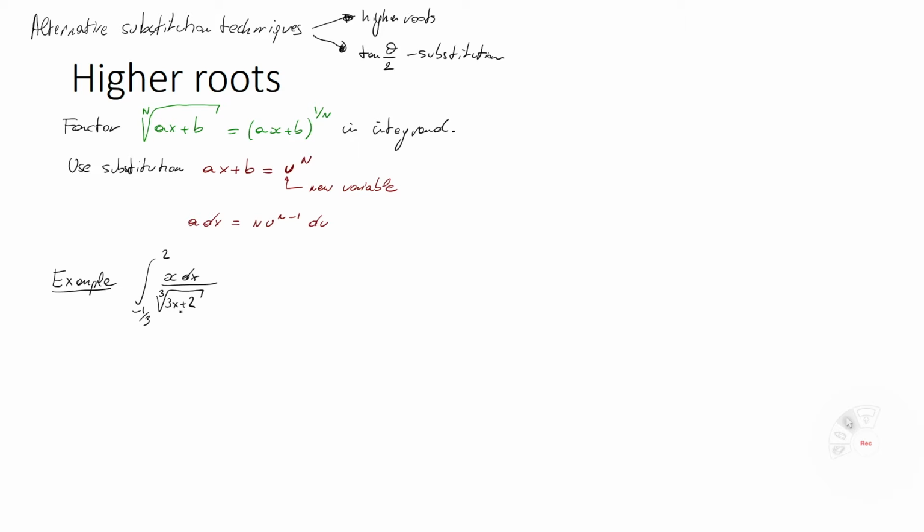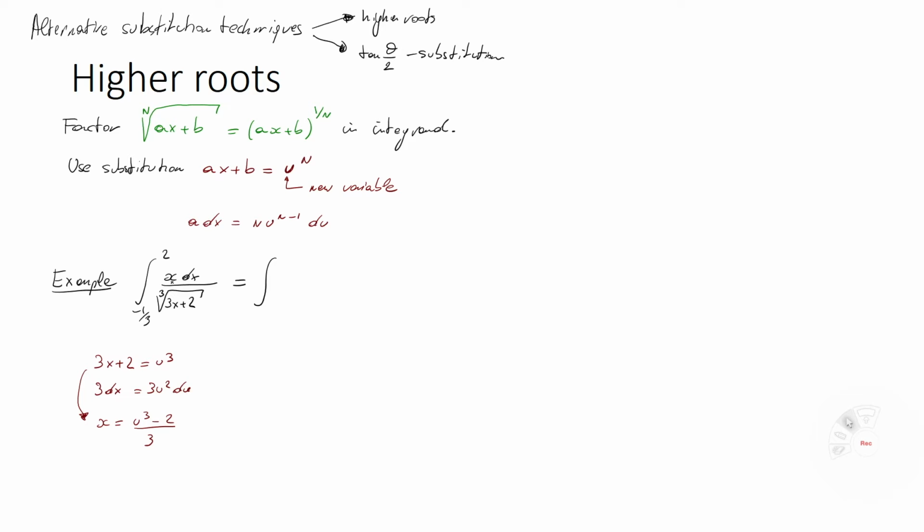So we do our substitution. 3x plus 2 is equal to u to the power 3. And therefore 3 times dx is 3 times u squared du. And also we know from this expression that x itself is u to the third minus 2 divided by 3. So now we can write our integral as follows.